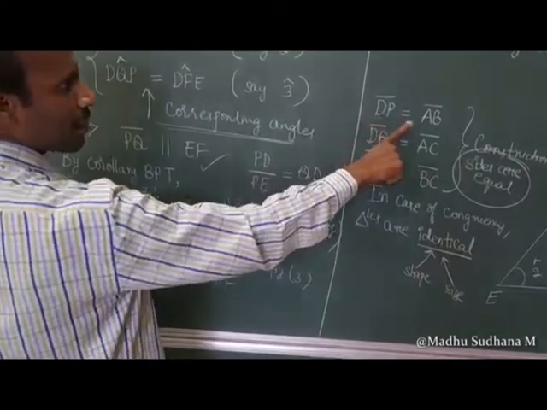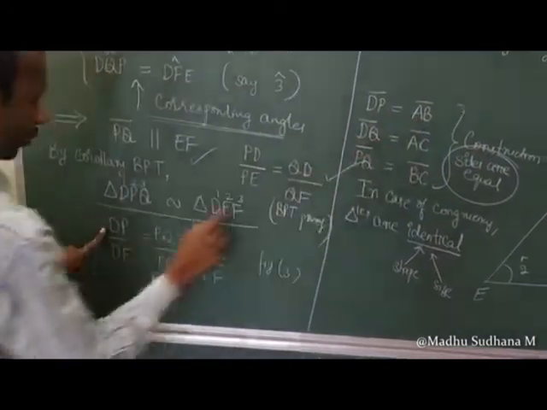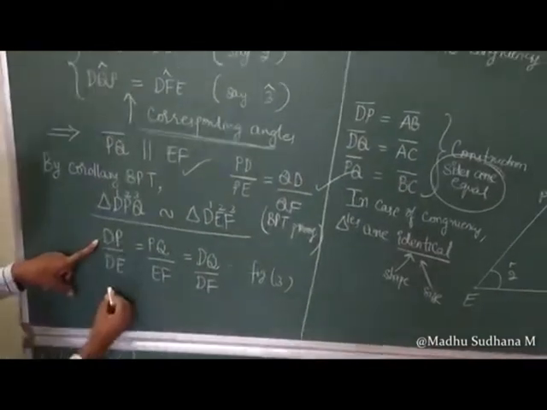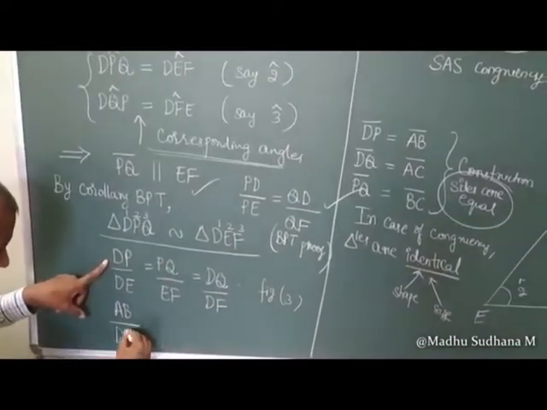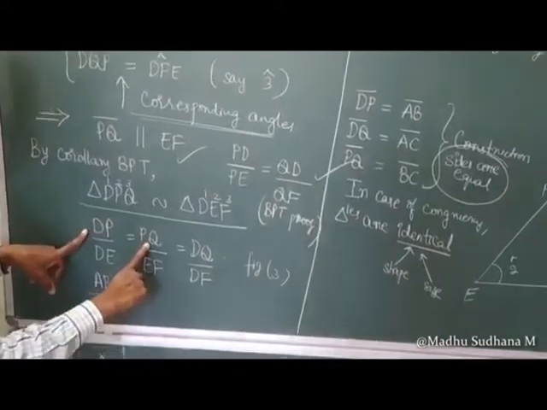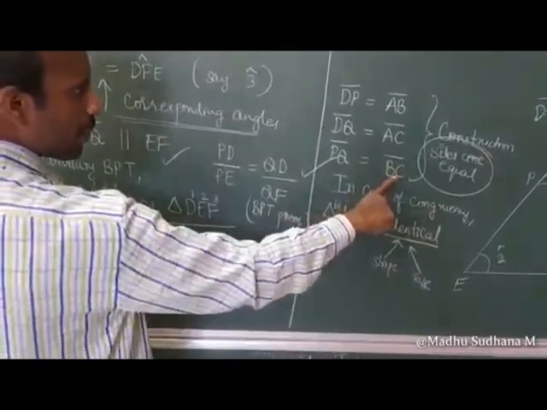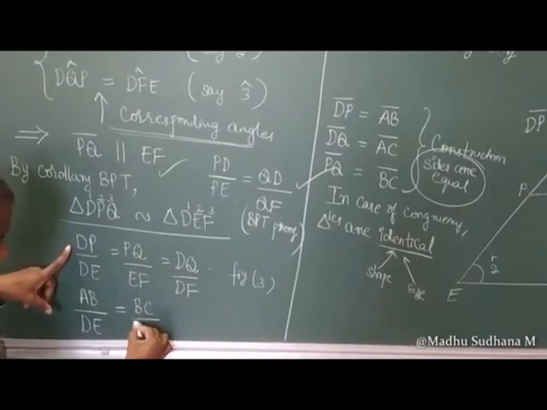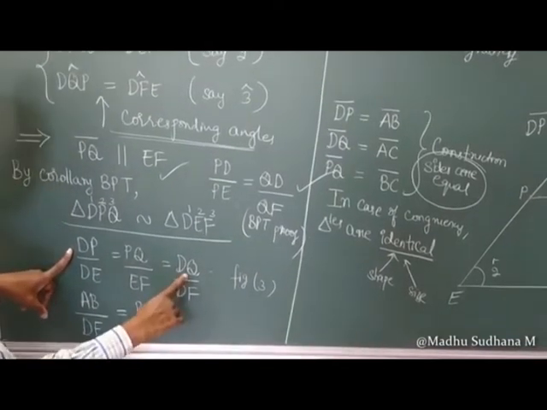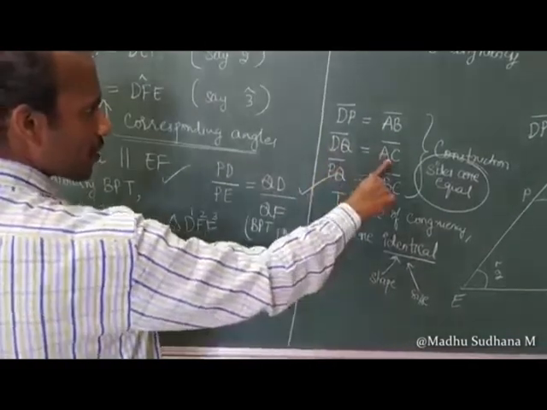So now please understand here, what is the DP here? See, my DP is equal to AB, right? So now if I replace this DP by AB, write this DE here, which is equal to, what is PQ here? PQ is equal to BC, right? So let me write PQ as BC by EF. What is DQ? DQ is AC, right?